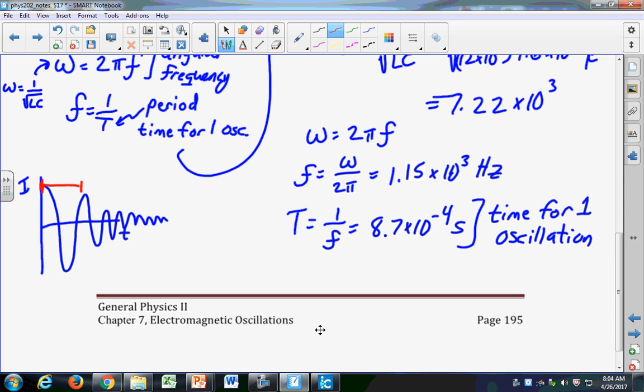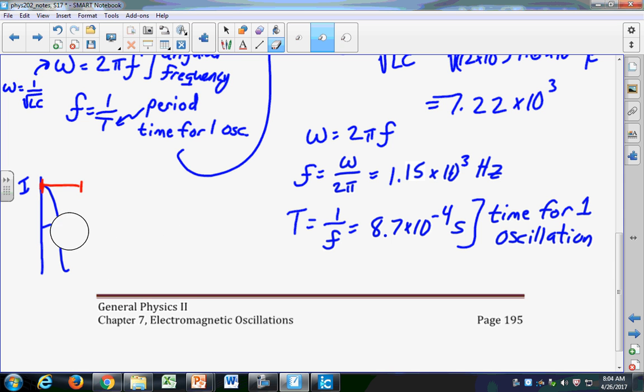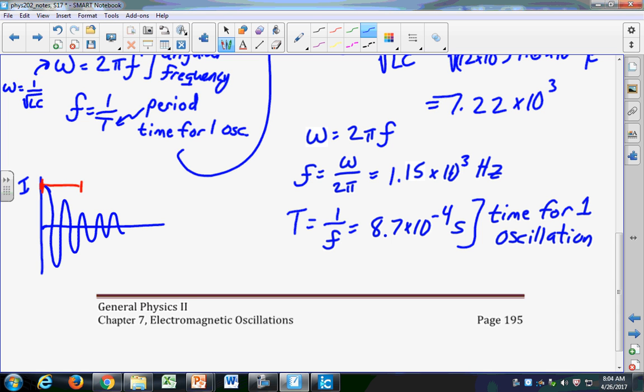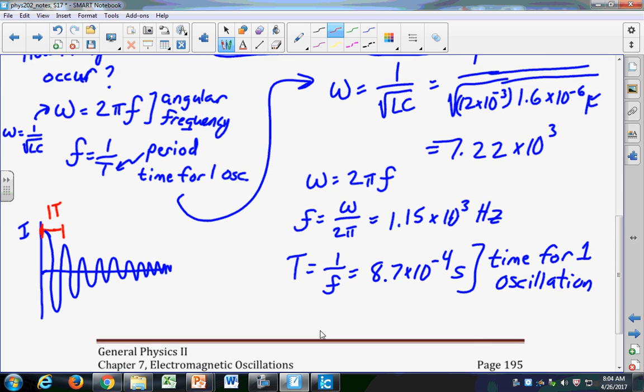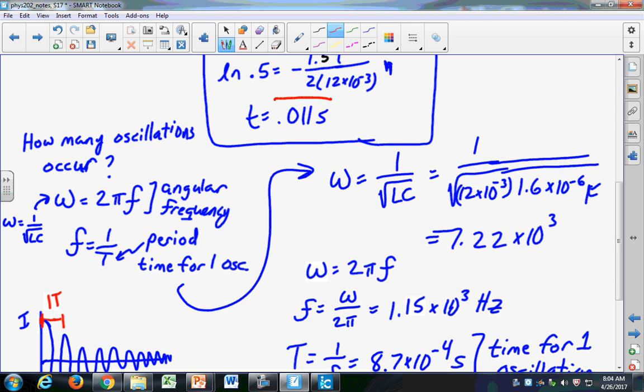Let me try to redraw that a little bit better. So now my period goes from here to here. That's one period, but I know that it reaches half the maximum current at 0.011 seconds.